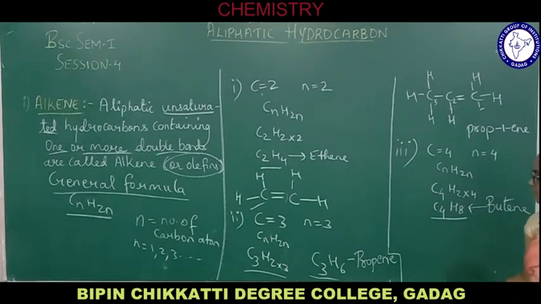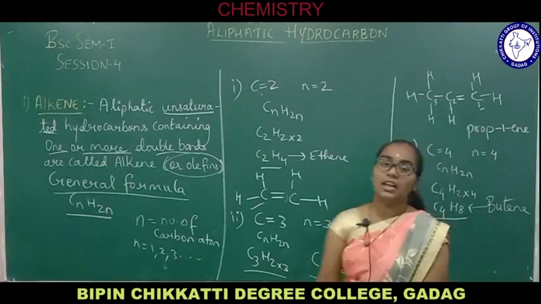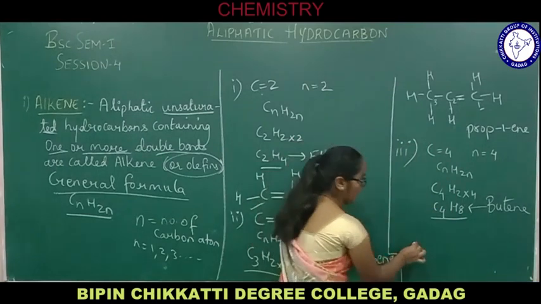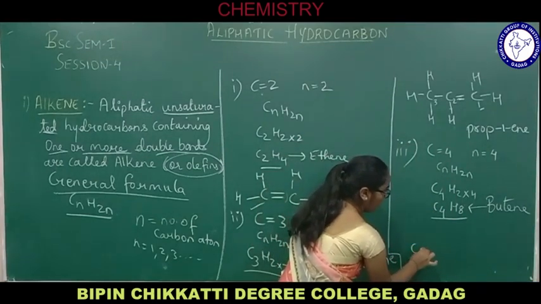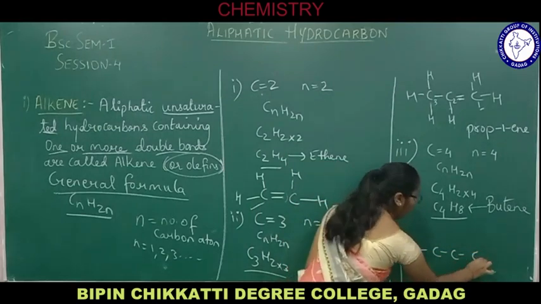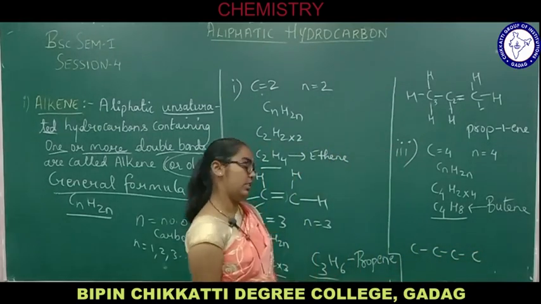Now let's draw the structure for this butene, and then you will understand more precisely. Now it has how many carbon over there? 4 carbon and 8 hydrogen. So let's draw the 4 carbon. So 4 carbon I am going to draw one by one. 1, 2, 3, 4. Done? Okay.